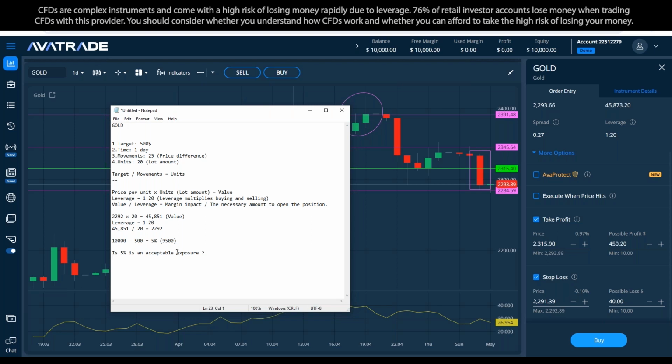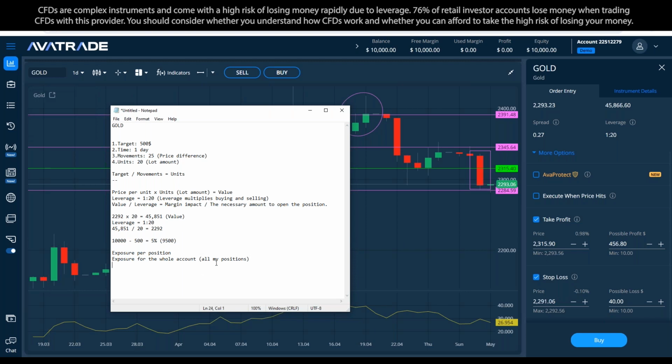Let's see how we can modify that. Let's suppose that we want to go for a half, okay? Let's suppose that 5% is indeed fine, because we have to remember something very important. We have exposure per position. We have exposure for the whole account.